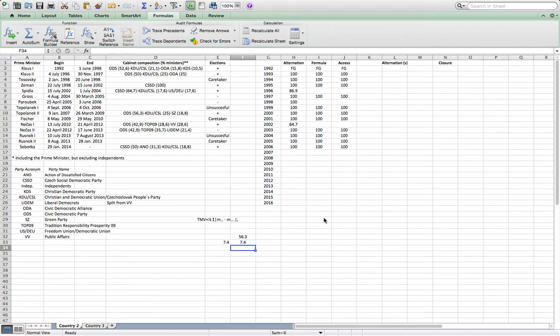The Greens were not in the previous government either, so we have already done this. Let's check if there are parties in the previous government that were not in the 2007 government. We have two. We have the CSSD, that is the Social Democrats of the Czech Republic, so their percentage of ministers is 64.7, and finally the Liberals, USDEU, 17.6.